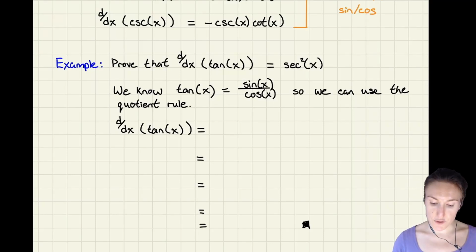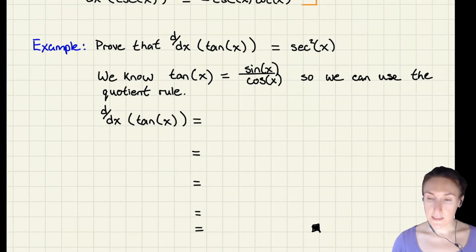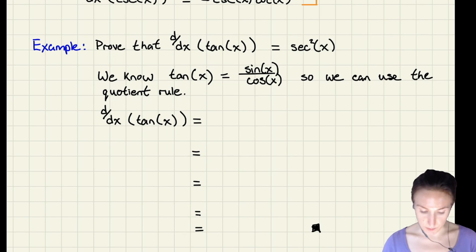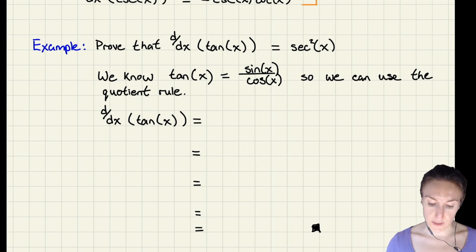And to prove this, what we're going to do is use the fact that tan can be expressed as sine over cosine, and then we can just use the quotient rule. So it's extra good practice with all the derivative rules we learned last week.